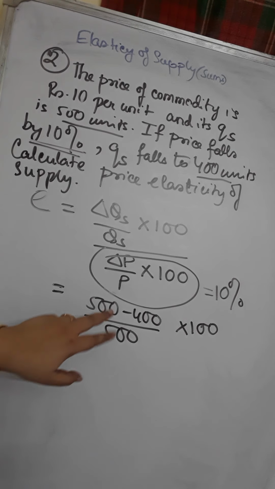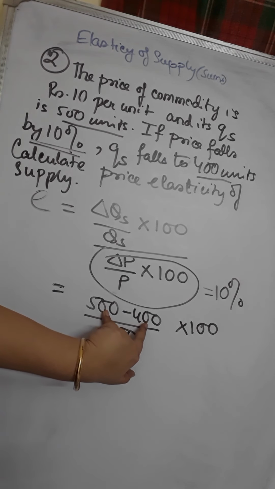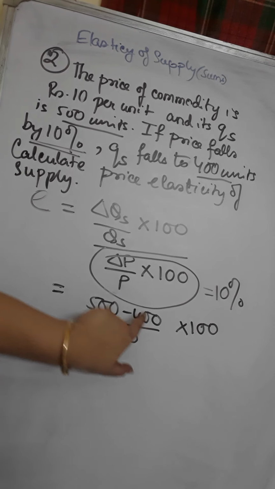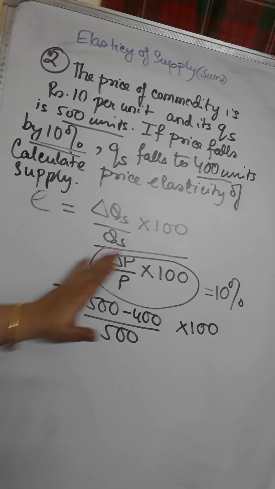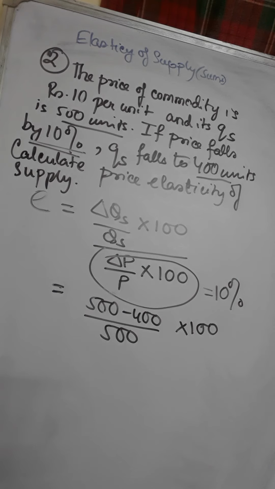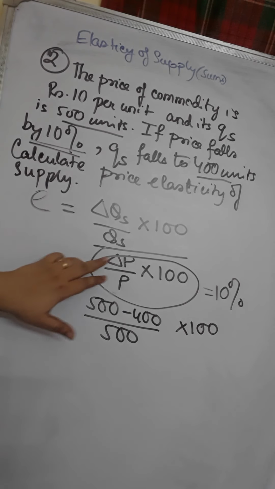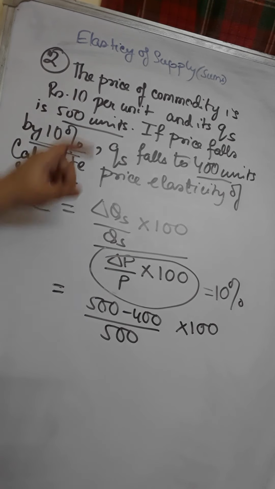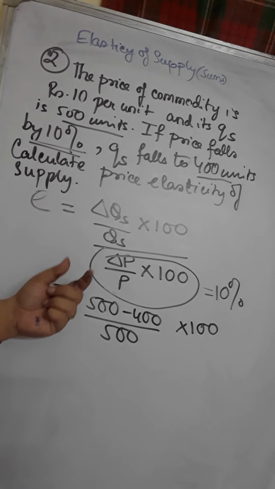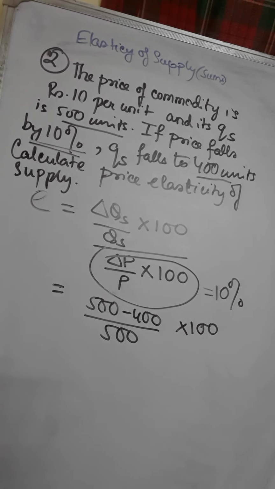So we need to know these two values to find the change, the initial and the final. And then we can put the initial value over here, and we can find the percentage change in quantity ourselves. But for price, since one of the values was not given, it is difficult to find. Rupees 10 was given just to confuse you, so that only the initial price is revealed in front of you.